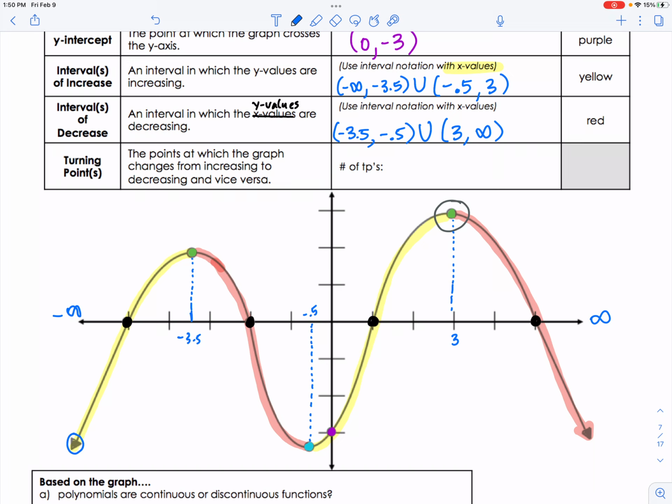We can see here there are going to be 3 turning points. It changes from increasing to decreasing here, then from decreasing to increasing here, and then from increasing to decreasing up here. So there are 3 turning points.